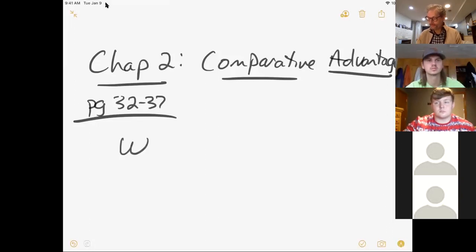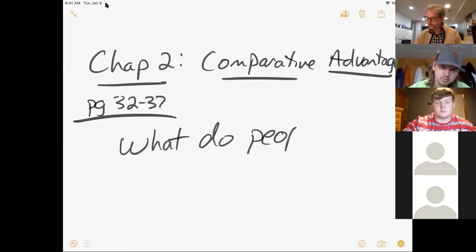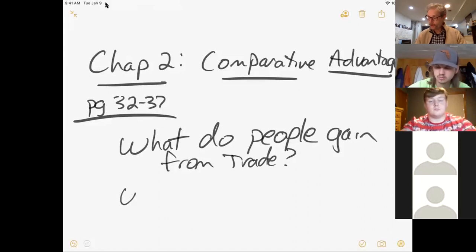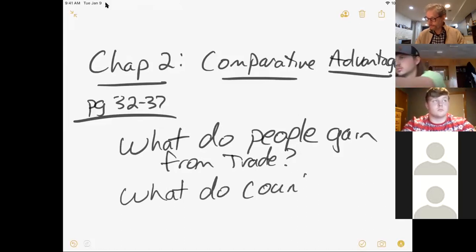Because it gets to a very fundamental question in economics: what do people gain from trade? And just as comparative advantage helps us understand what people gain from trade, it also helps us understand the broader macroeconomic question of what countries gain from trade.